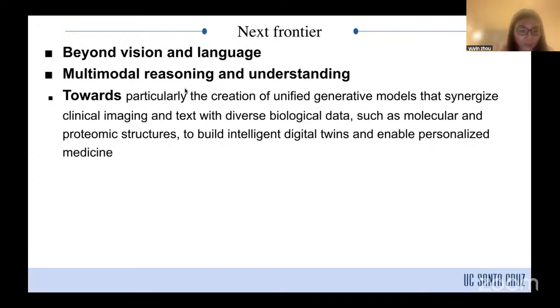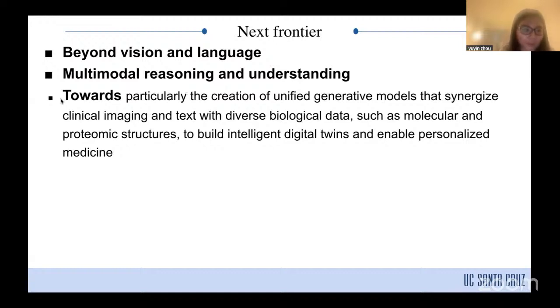So to understand the real reasons for different diseases, to forecast disease progression, and even to prevent some diseases from happening, to enable preventative care, we need to understand the biological drivers of different diseases and tumor evolution, to understand the real mechanisms behind that.